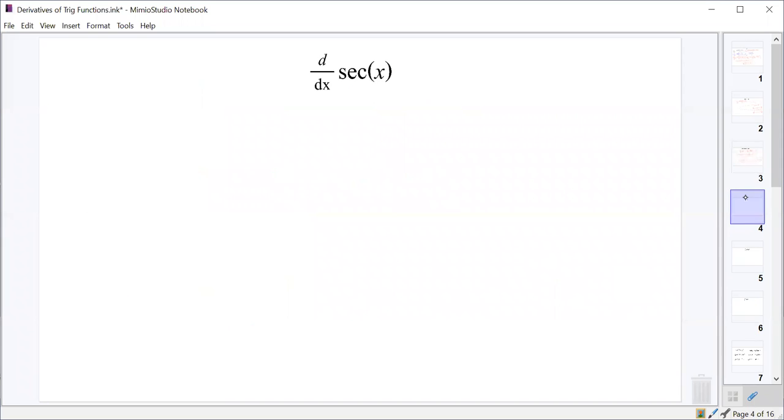All right. Derivative of secant x. This should be the derivative of 1 over cosine. And to take the derivative of 1 over a function, we could use the reciprocal rule, couldn't we?